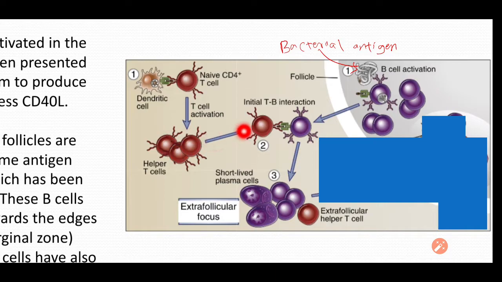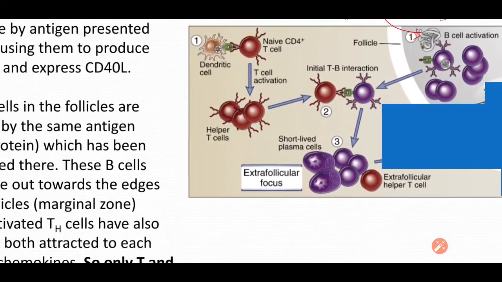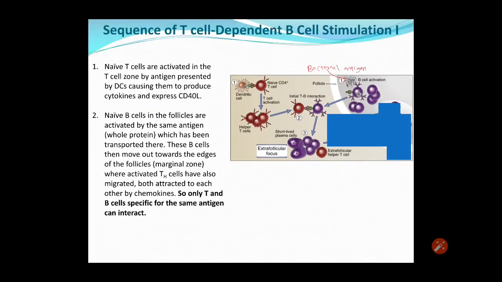So now you have both T helper cells and B cells recognizing the same antigen, but different epitopes, right? Because remember, your antibody molecule recognizes epitopes which are either exposed or internalized, but that is part of the native protein. The T helper cell is only recognizing these degraded peptides of that same protein that's presented on class 2 MHC.